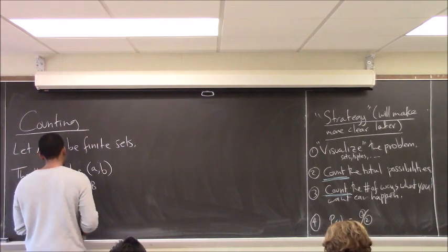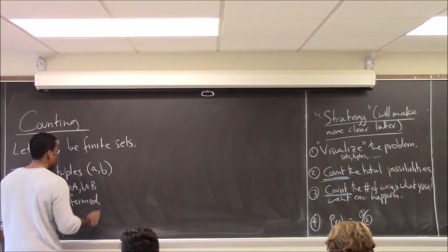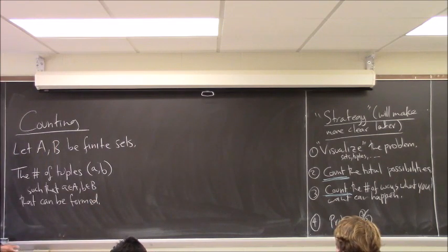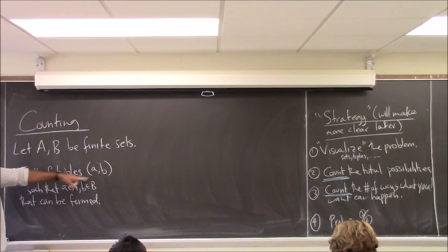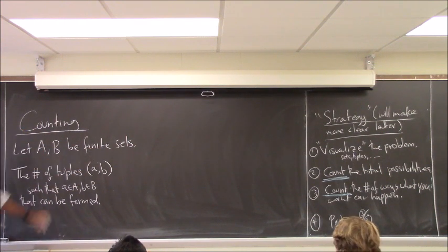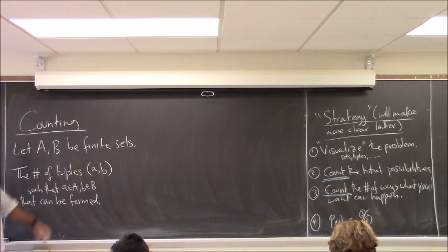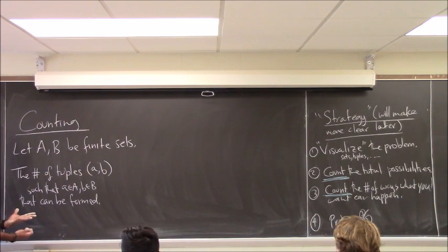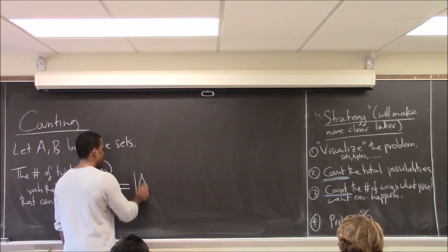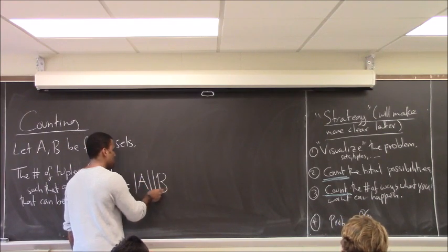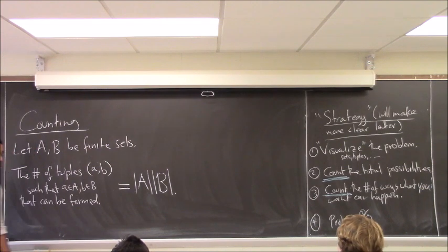Right, so if you have 2 sets, A and B, how many coordinates could you create from those sets? If you were to create all possible coordinates, where the first coordinate is someone that you randomly picked from A, and the second coordinate is someone you randomly picked from B, how many total possible coordinates are there? It turns out you will have the size of A times the size of B. That's how many total coordinates there will be.